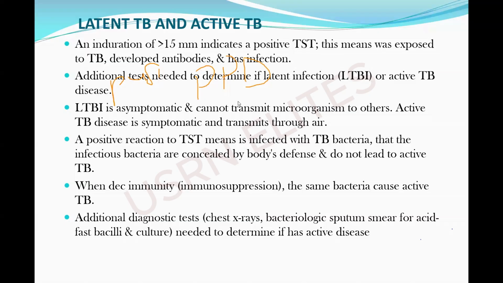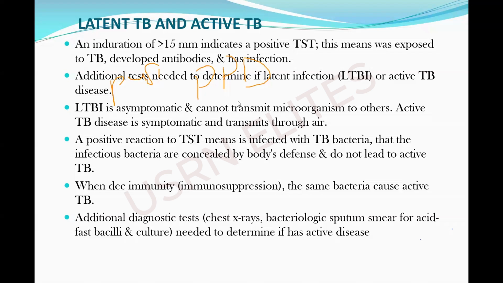If you are a health worker, so an induration of 5 millimeters or more is positive for people who are HIV positive and immunocompromised, and people who have had a recent TB contact. That's the first one.